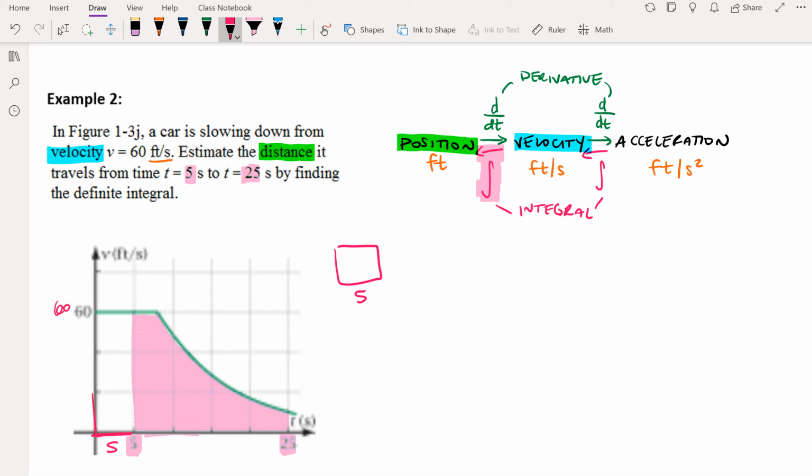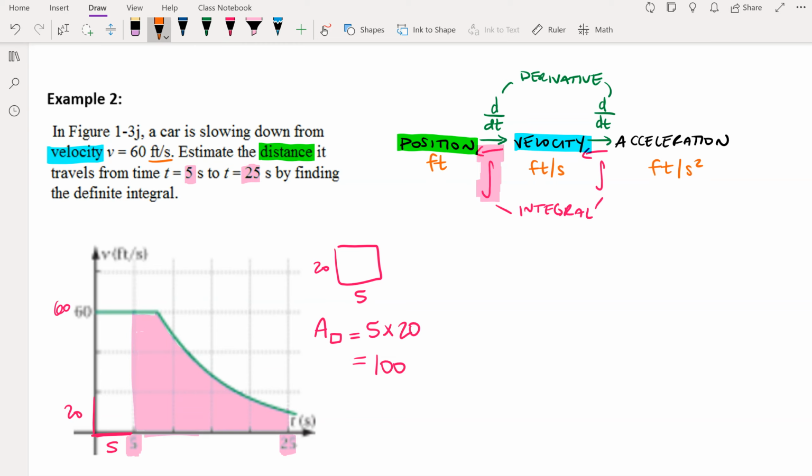So 20, 40, 60, it goes up by 20. 5 by 20. So area of a square equals 5 by 20. That equals 100. Okay, so we know one square has 100 for its area.